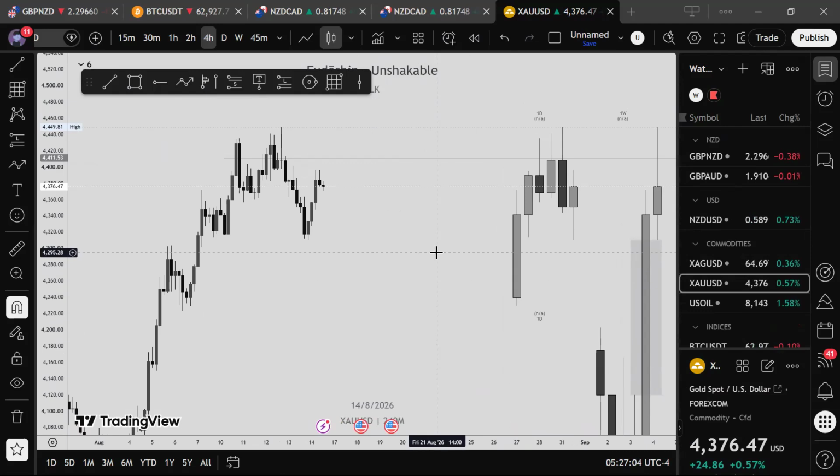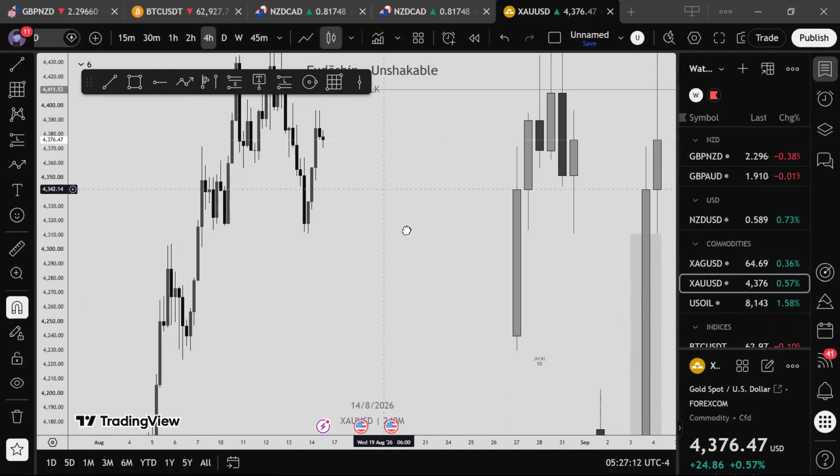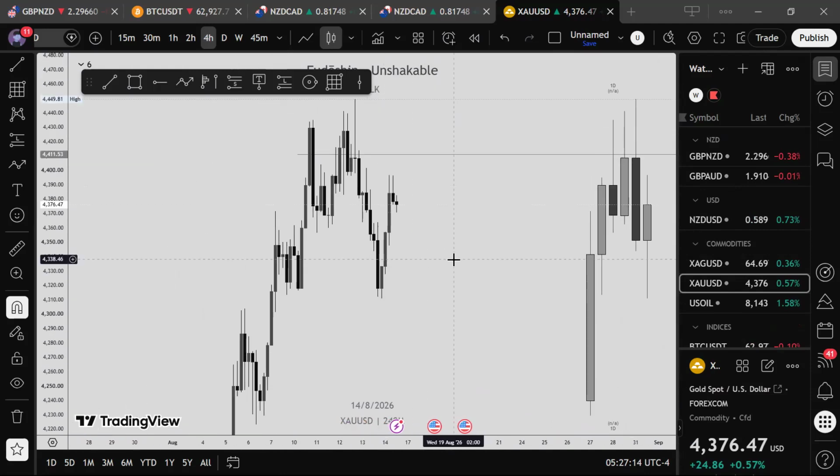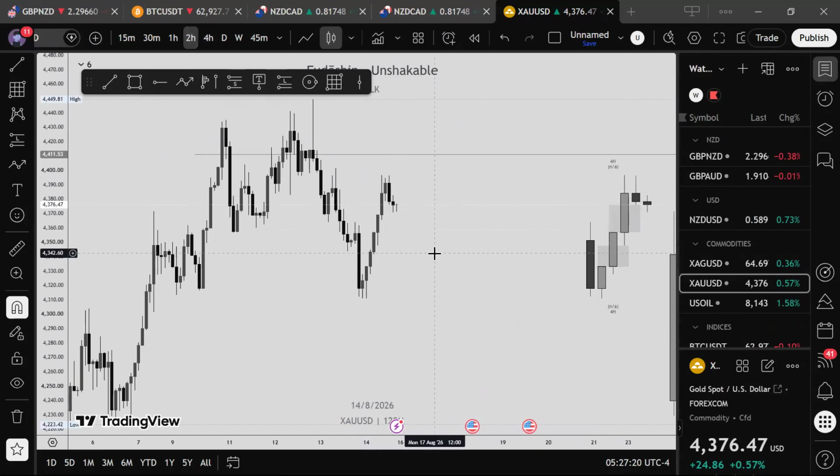It didn't give the single candle liquidity, but it just entered into the 4-hour EOI zone. But in the 2 hours it gave. Now I'm trying to figure out, if it doesn't give in the 4 hours, when it gives in the 2 hours, is it valid?